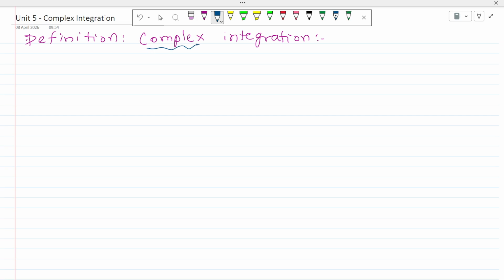Listen. You know that ordinary integration. In the ordinary integration, we have seen that some y equal to f of x is given. Some curve is there.